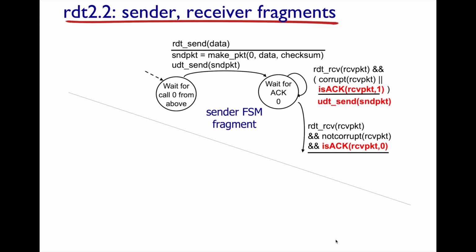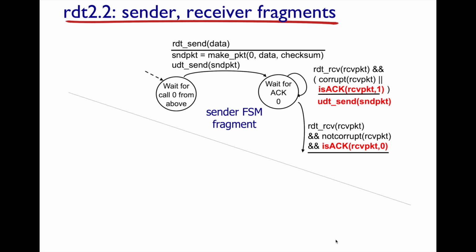That's what you're looking for. So either you got it or you didn't. You'll notice here, wait for ACK 0 has two edges. One is a self edge, meaning it didn't get the feedback it was looking for, and one is a transition edge that would go to a state called wait for call 1 from above. It's basically a reflected version of this for packet sequence number 1.